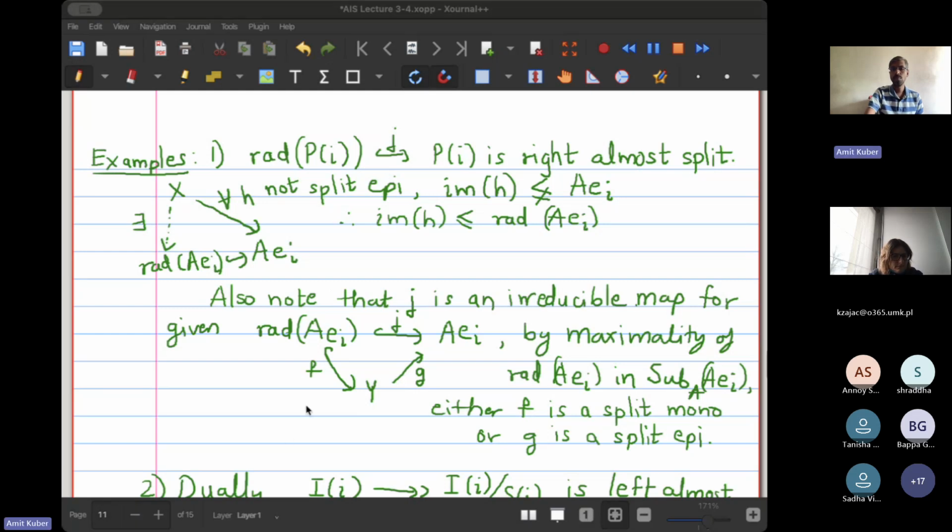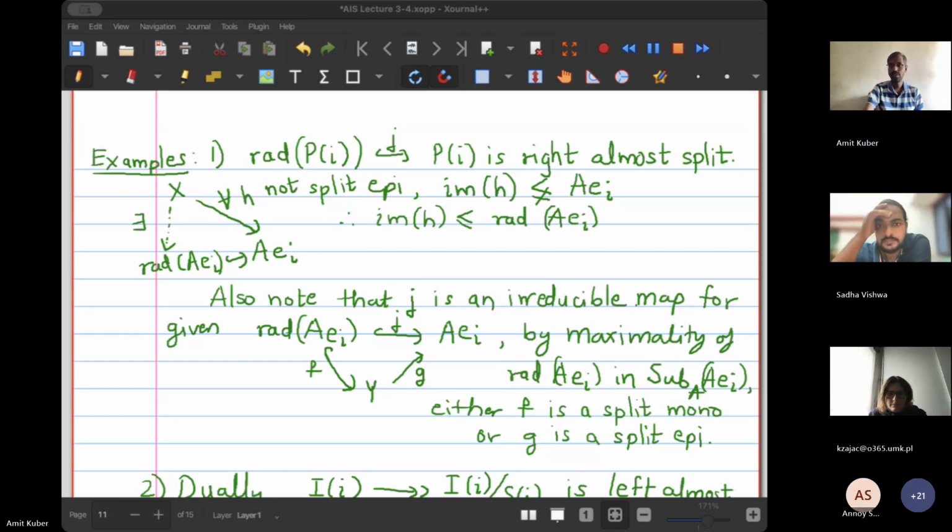Do you understand what I'm saying? If at all, F is a monomorphism. So what will be the image of F? It has to be something which lies between the radical and the projective module itself. But because it's maximal, there is nothing in between. So either it is the radical itself, in which case F is an isomorphism, or it is the full thing, in which case G is an isomorphism.